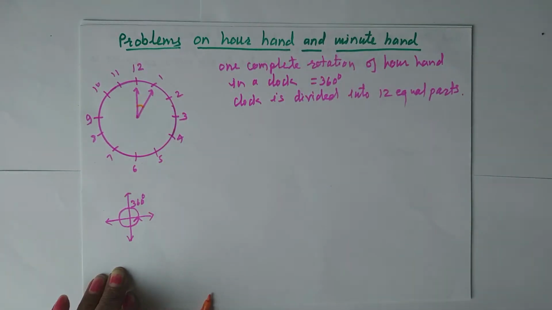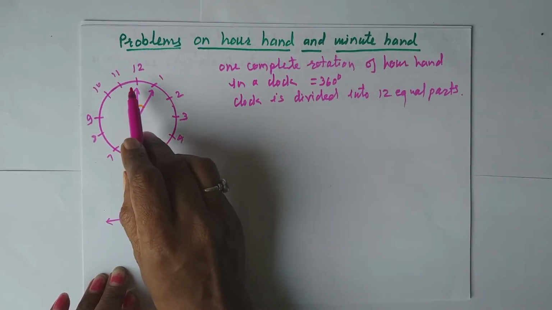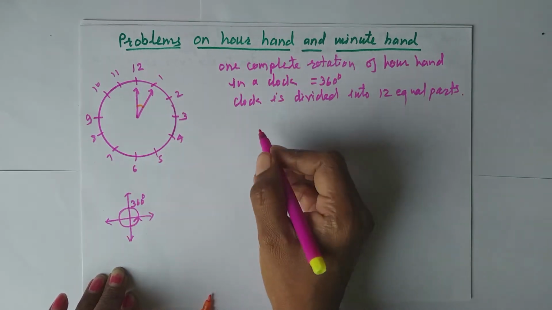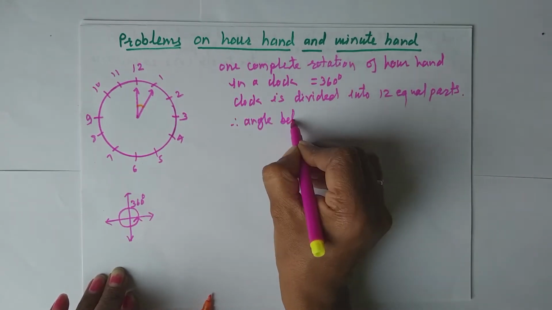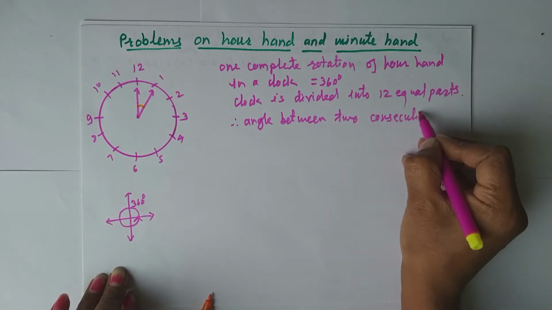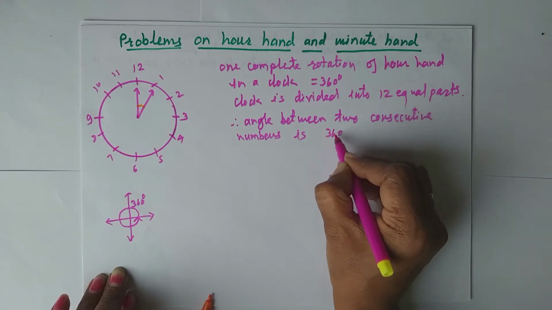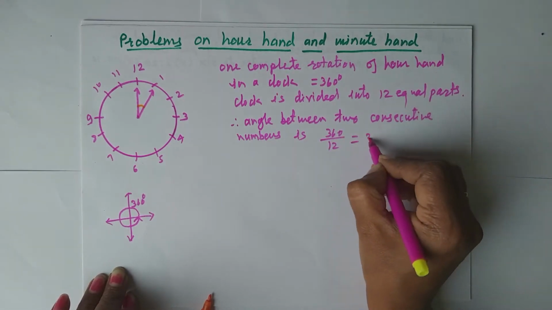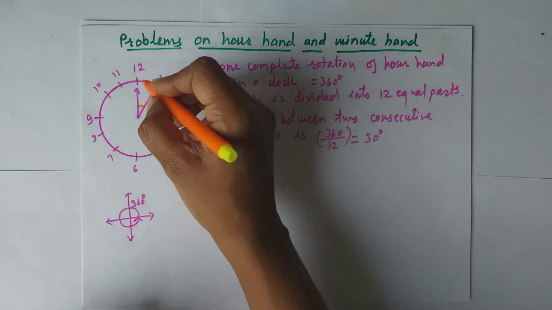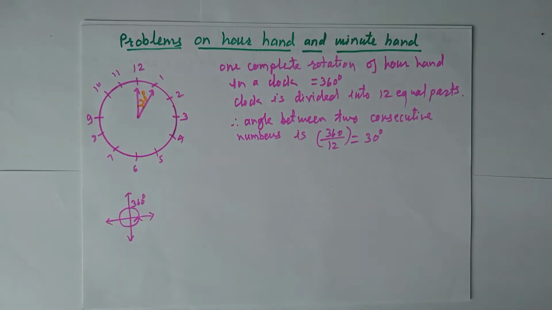If the clock is divided into 12 equal parts, then the angle between two consecutive numbers is 360 divided by 12, that is 30 degrees. Means this angle between two successive numbers is 30 degrees.